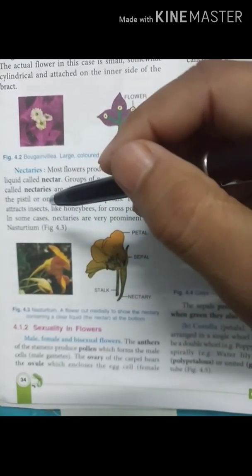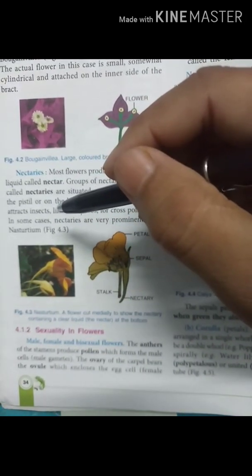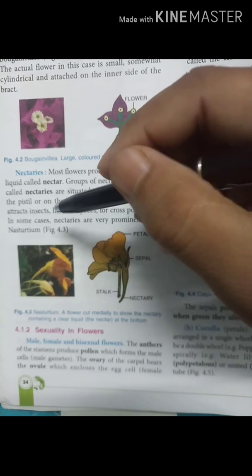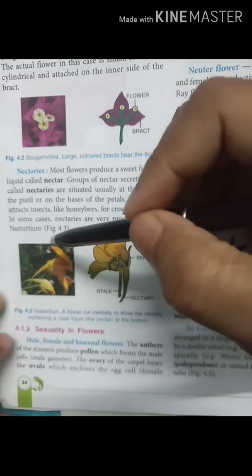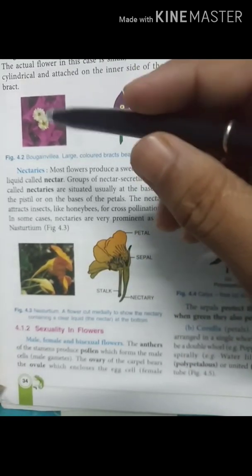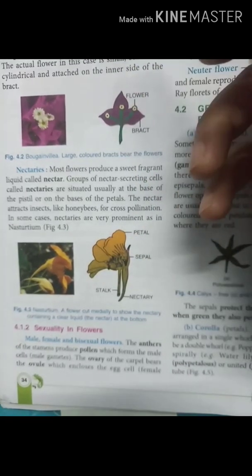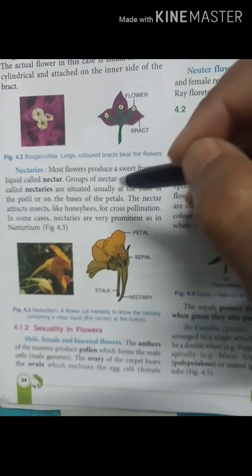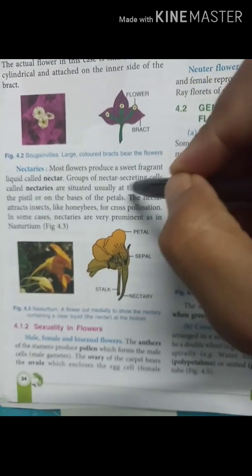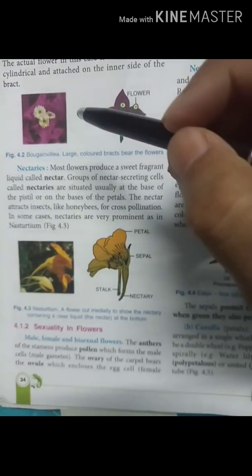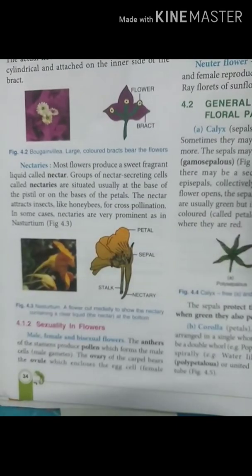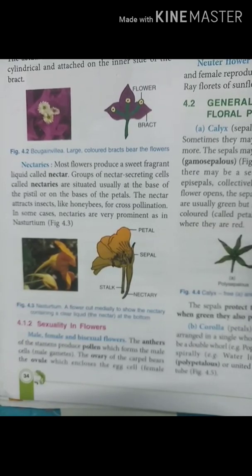Nectaries are at the base of the ovary, that is, at the base of the pistil. The pistil consists of three parts: stigma, style and ovary. At the base of the ovary, a group of nectar-secreting cells are present. Such cells are called nectaries, and they secrete nectar.